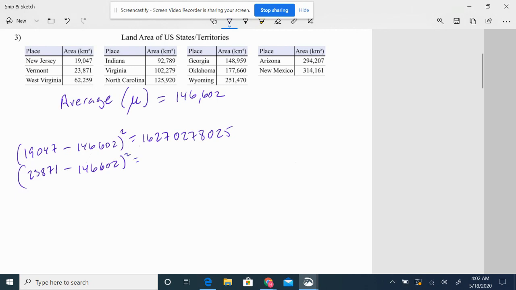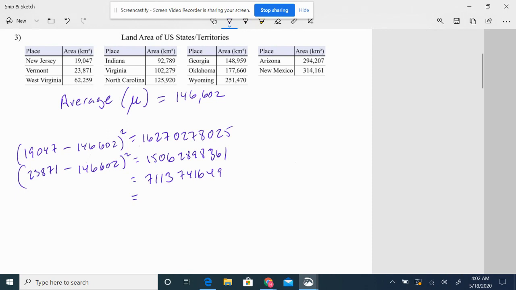I'm going to square this, and I have 15,062,898,361. I'm just going to write down the list of numbers that I have. I have 7,113,741,649.